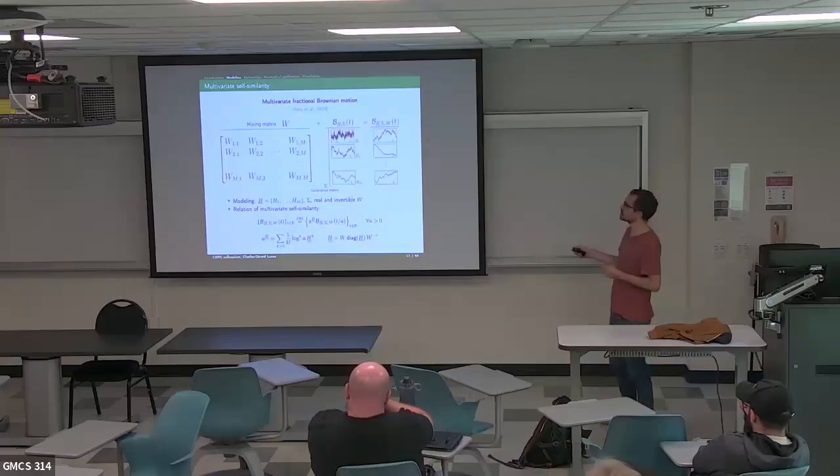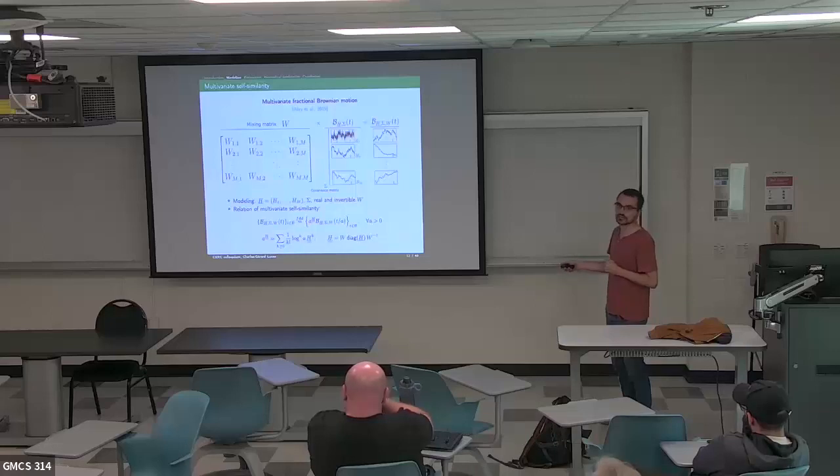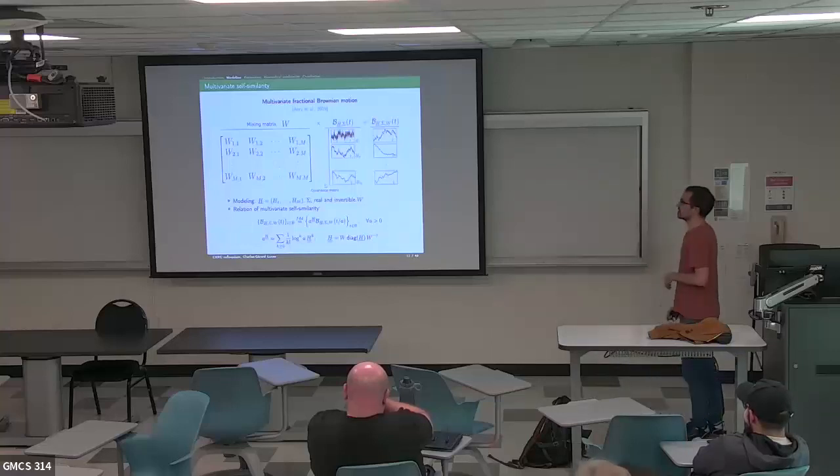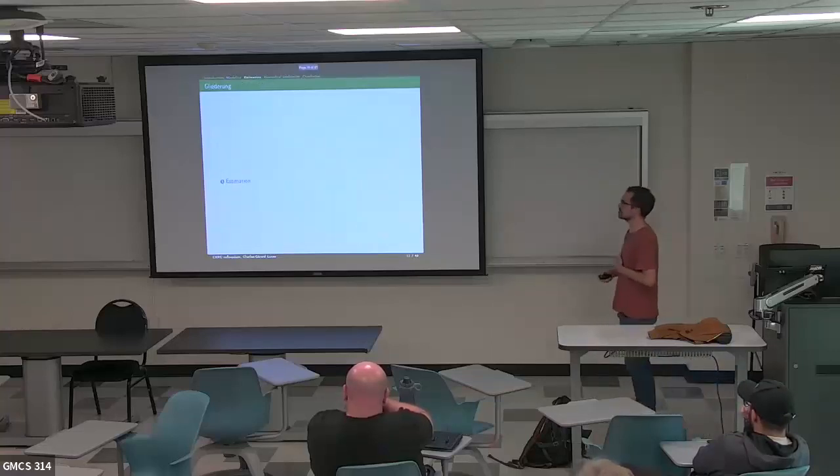And it is interesting because this new collection of signals satisfies a new relation of multivariate self-similarity, which is a finite dimensional distribution equality, where the dilation in magnitude is now a matrix a to the power H double bar. And H double bar is a matrix depending on both the mixing matrix W and the self-similarity parameters H. We just aim to analyze such a process.